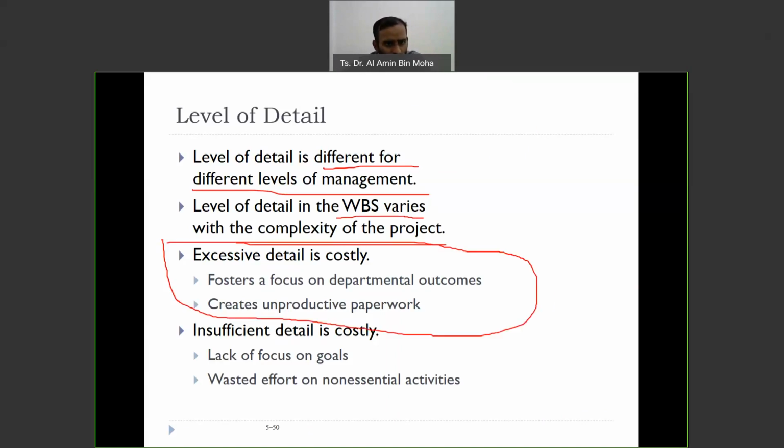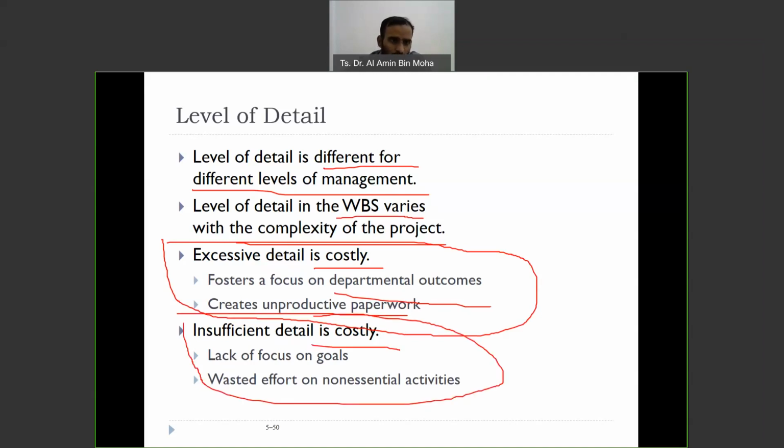The more detail you need, the more expensive, because you need to go and search for it. It fosters focus on departmental outcomes and creates unproductive effort. But at the same time, insufficient detail is costly as well, because you're going to have a problem later on since you don't have a good basis for decisions when you plan, and effort is wasted on non-essential activity. So you need to find somewhere in the middle, a sufficient amount of detail.